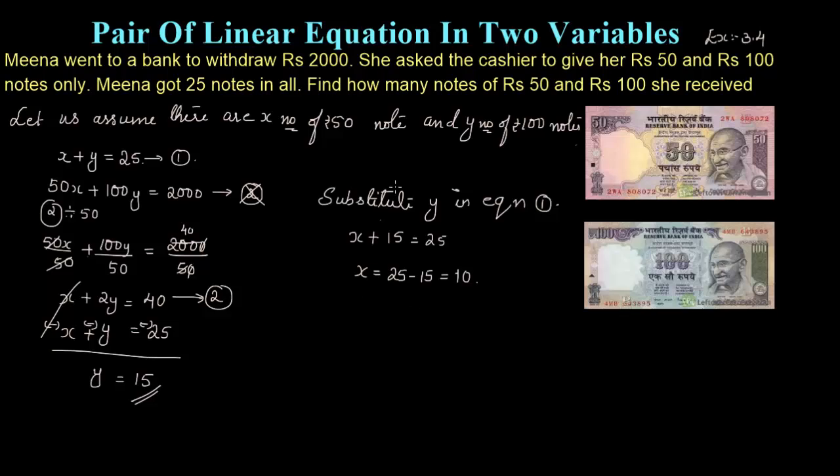So this is what we needed, right? We were about to find out how many notes of 50 and how many notes of 100 she has received. We have considered x as the number of 50 rupees notes, right?